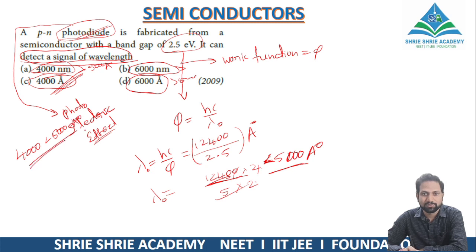So the threshold wavelength is nothing but the maximum wavelength. To be detected by the photocell or photodiode, the incident wavelength should be less than the threshold wavelength. So 4,000 is less than 5,000, so this is going to be the correct answer.